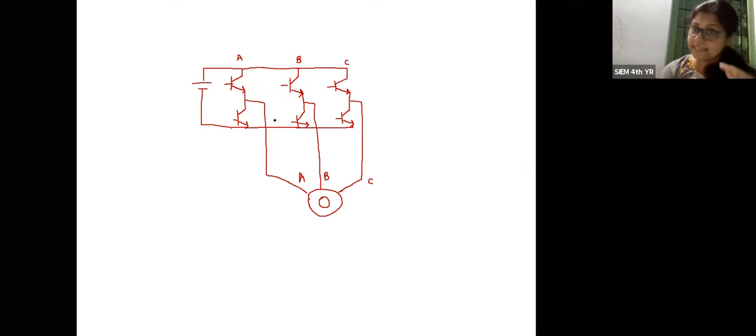So as we are using an RLE type of load, for the first arm we have to use two diodes. This diode should be connected in this way. This is, say, diode 1, diode 2.